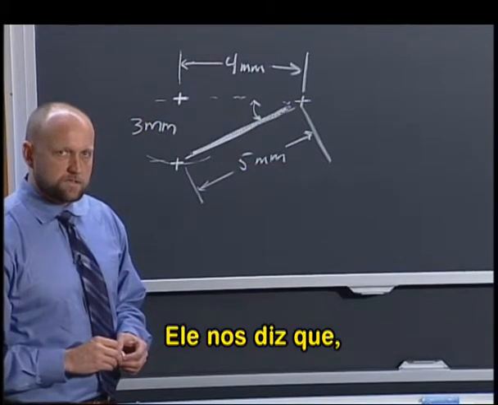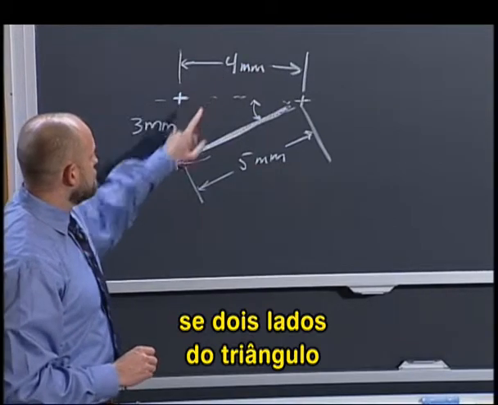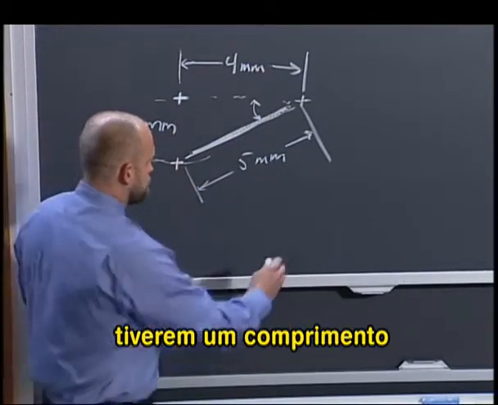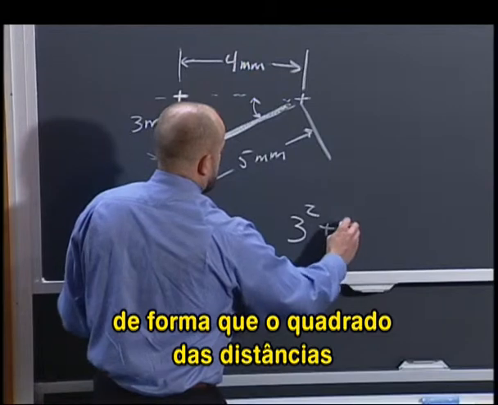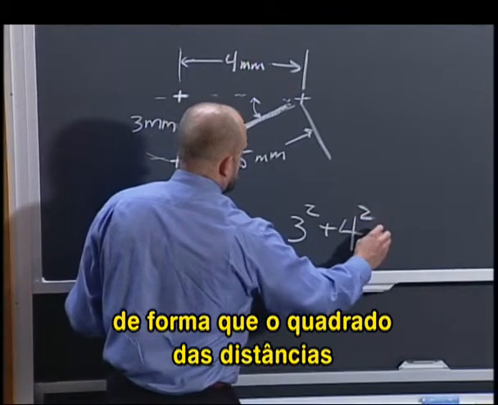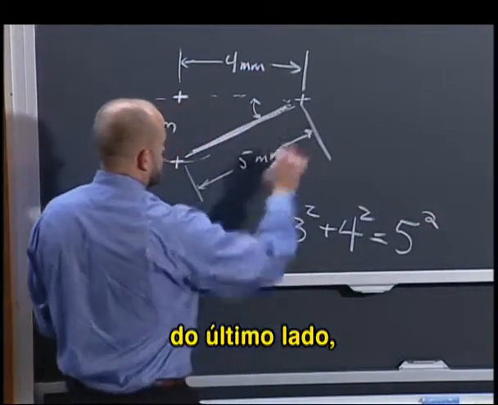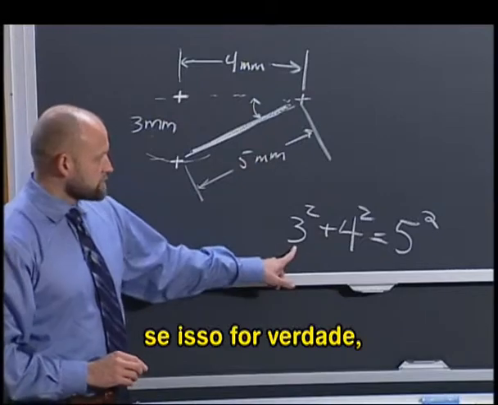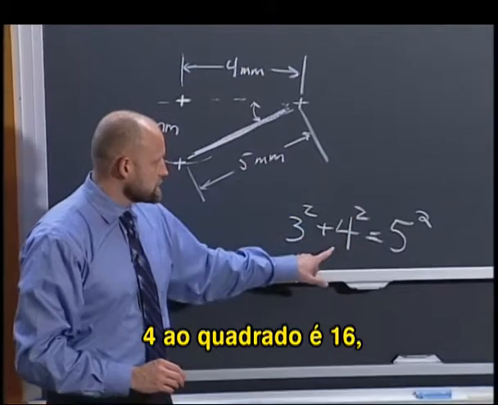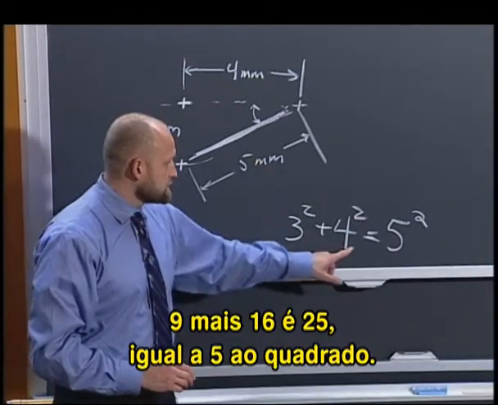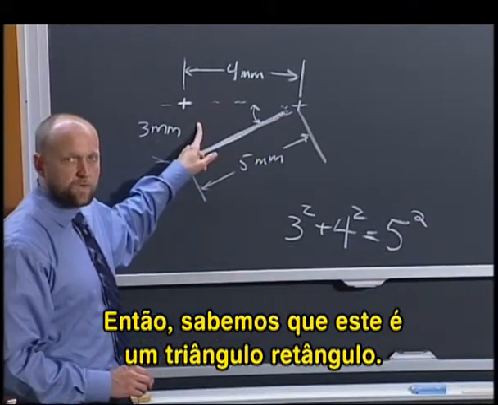What that tells us is that if the squares of the lengths of the two legs of the triangle add up to the square of the last leg, which is true here, since 3 squared is 9, 4 squared is 16, and 9 plus 16 is 25, which is 5 squared, then we know that this must be a right triangle.